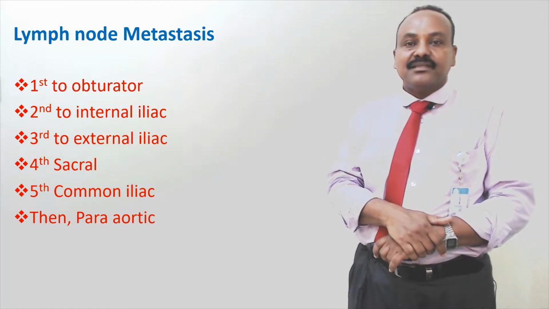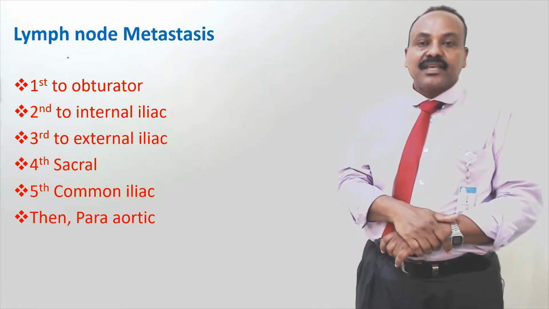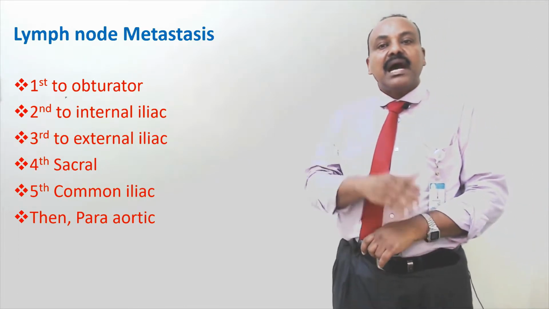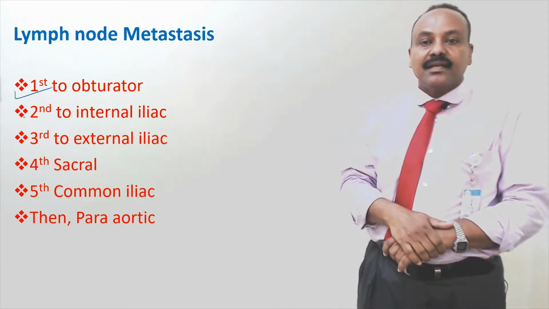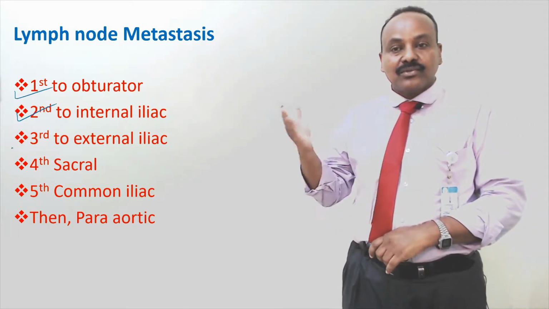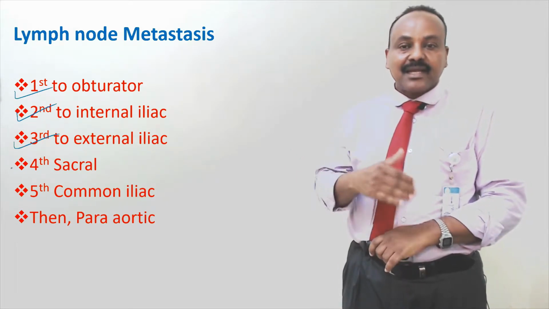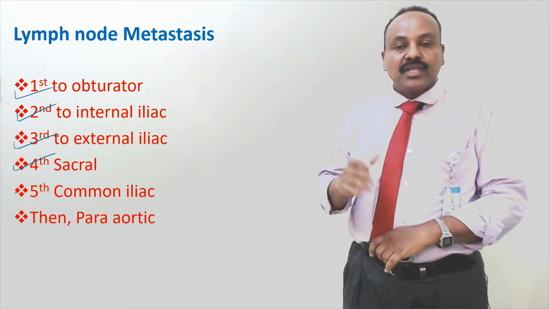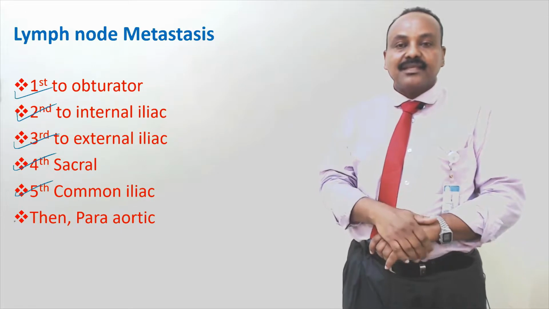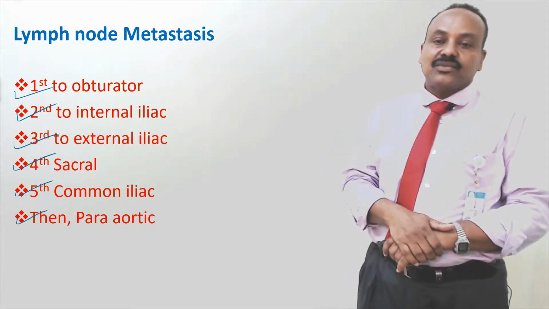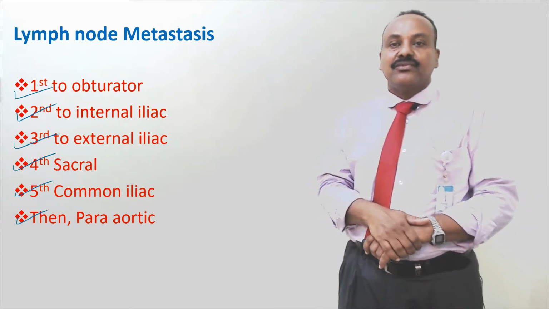For lymph node metastasis, first they metastasize to the obturator and internal iliac nodes, and sometimes go to the external iliac, sacral, and common iliac lymph nodes, and lastly they can metastasize to the para-aortic lymph nodes.